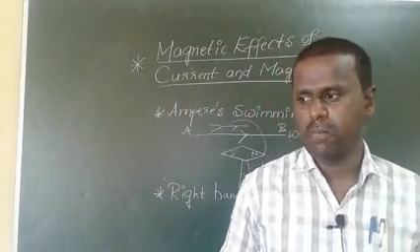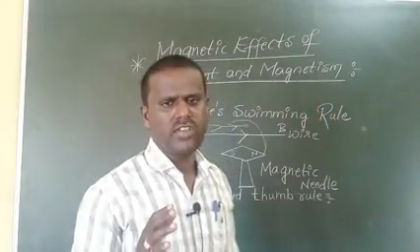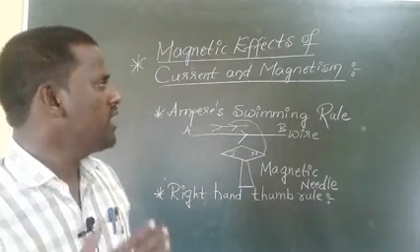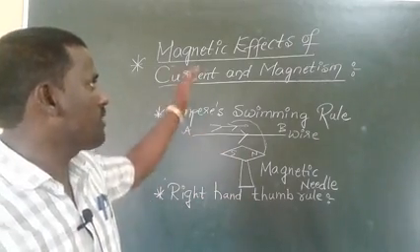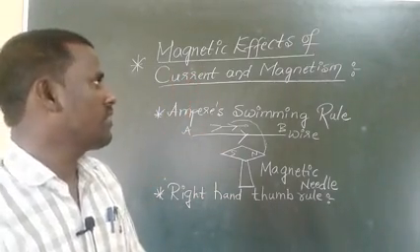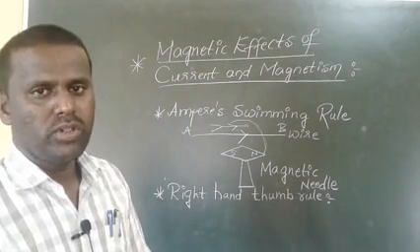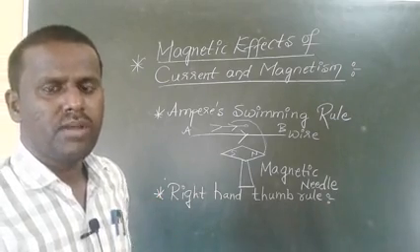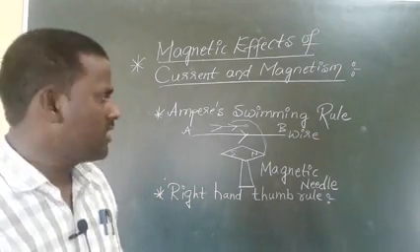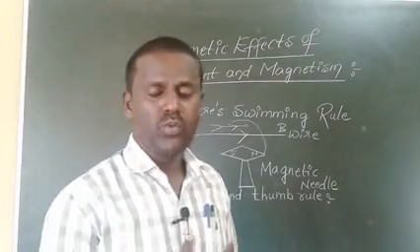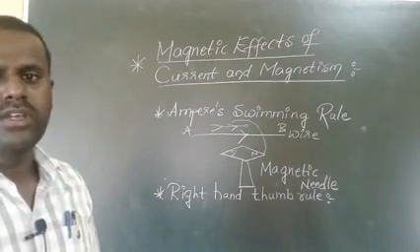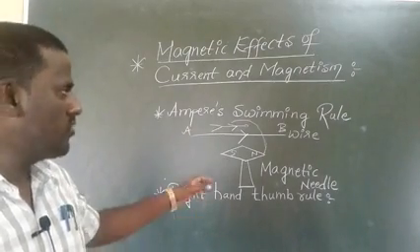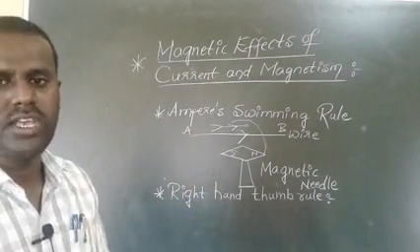And problems, the numerical section, is not asked. Usually problems are not given from the chapter magnetic effects of current and magnetism. So the complete 7 marks are given from the theory part. So this stands as one of the useful chapters for your scoring, because problems are not given from this chapter.